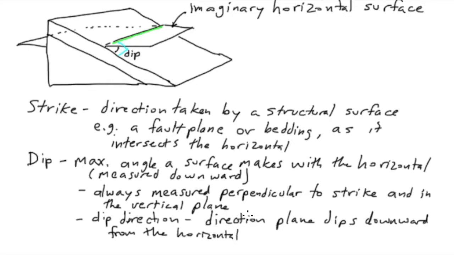And by direction, we mean compass direction. On this diagram, we said it was 90 degrees, like that direction I'm pointing there. So if the strike was north, the dip here is east. Let's color that arrow, call it dip direction.